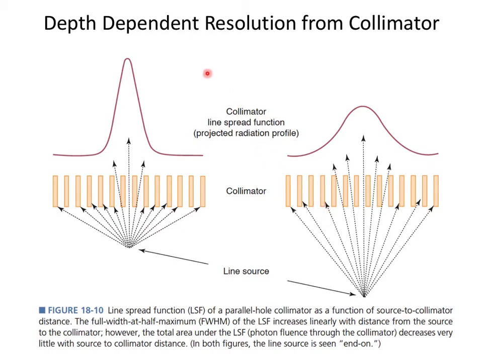Okay, so let's look at the depth resolution for the collimator. Remember, in imaging, the fundamental things we're after are signal-to-noise ratio: we want a lot of signal versus the background noise. We want spatial resolution: where did the signal come from?